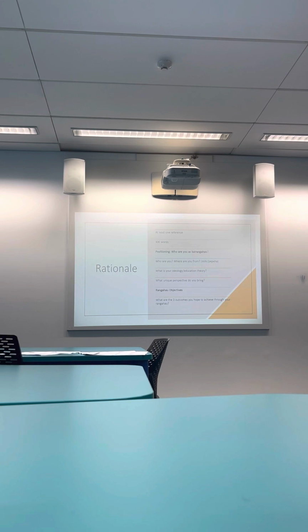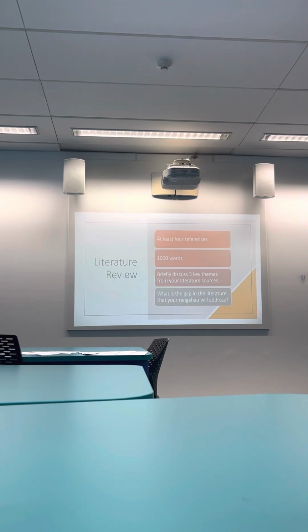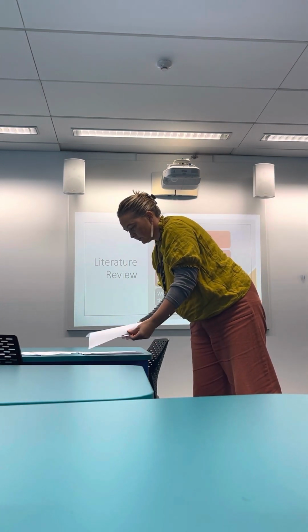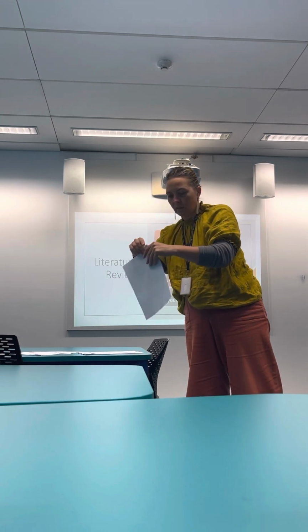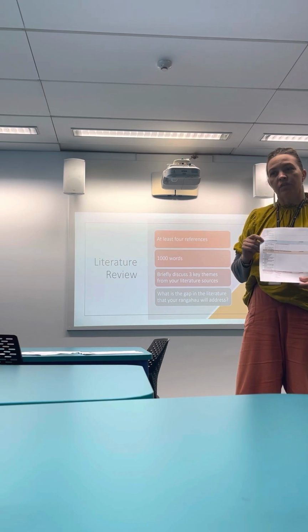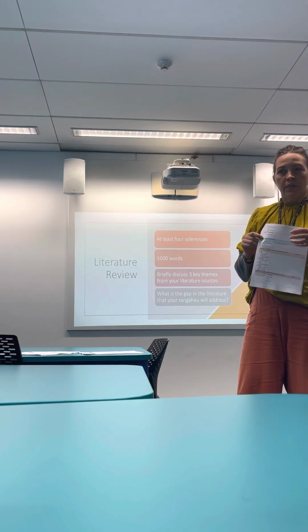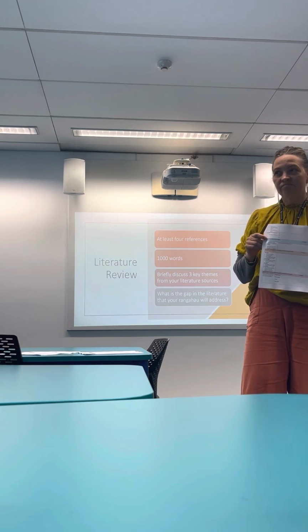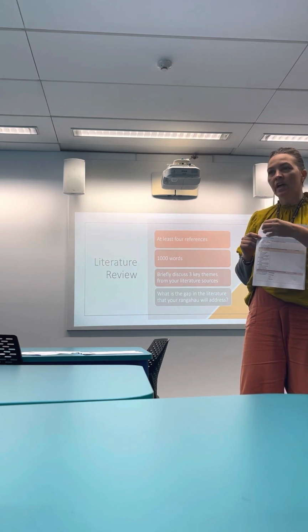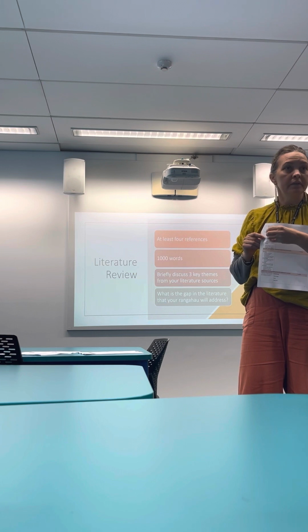The next part of the report is on your 2nd page, and it's the literature review. Okay, so it's in this blue box here. The literature review, you're allowed 1,000 words, and ultimately you are bringing across your assignment from number 1.